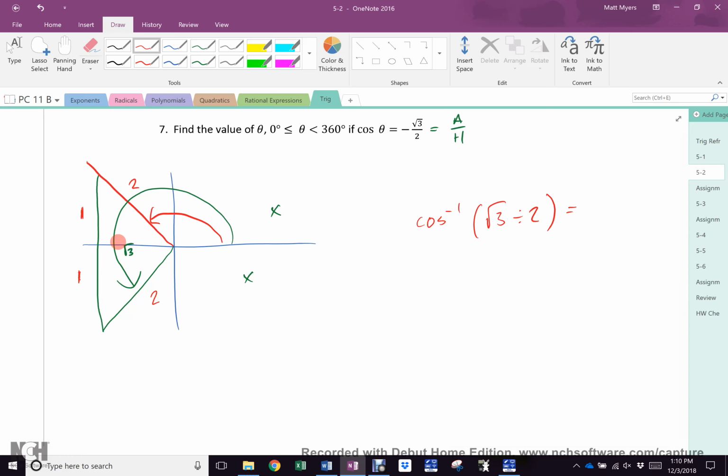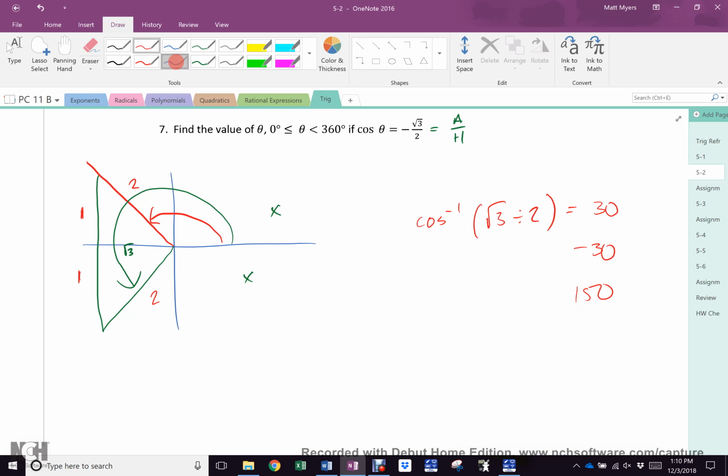Y'all did this, of course. So, it's going to give you 30 or minus 30. Or it might even give you 150. Depending on your calculator. You have to know what that means. Right?